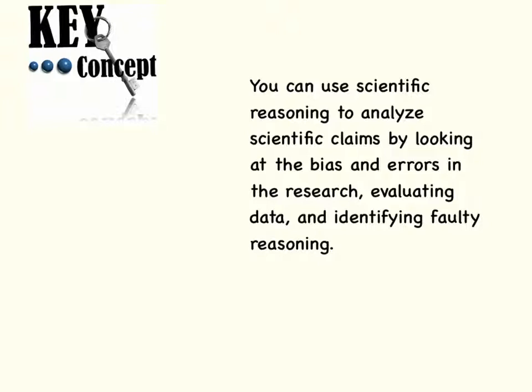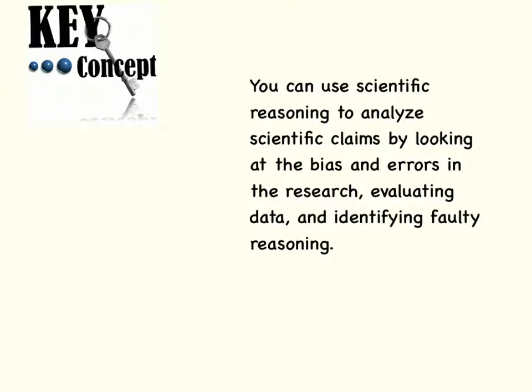You can use scientific reasoning to analyze scientific claims by looking at the bias and errors in the research, evaluating data, and identifying faulty reasoning. Bias and errors. Where did they make a mistake? Where does it look like personal opinion was added to this discussion, or cultural opinion?